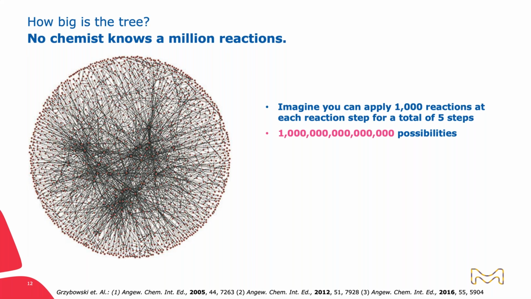It would generate a tree that looks like this ugly graph over here, which of course no human chemist wants to or could go through and evaluate by hand to figure out what's the best route. But this is something that Synthia can do using a sophisticated maze-navigating algorithm.